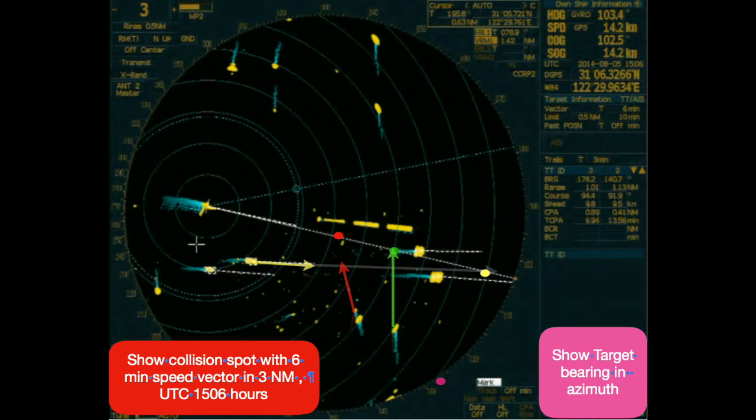And for the other vessel going northbound, there's a green speed vector and a green collision spot.